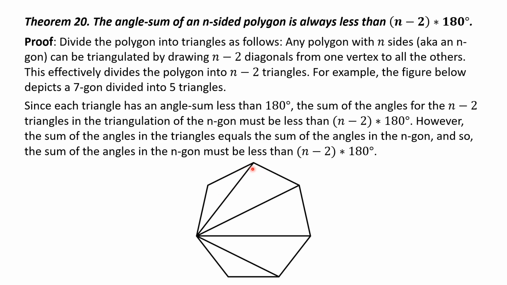Then for the other ones, you have to add up an angle from 2 different triangles to get the corresponding angle for the polygon. But they all match up, and so the sum of the angles of the triangles and the sum of the interior angles of the polygon are the same. And so we have our proof.